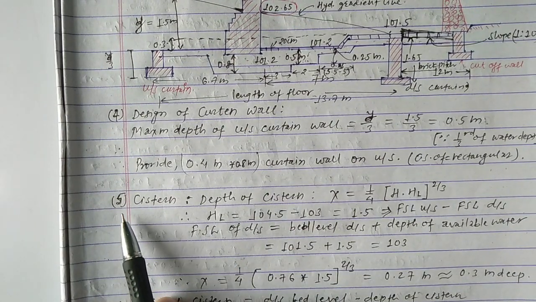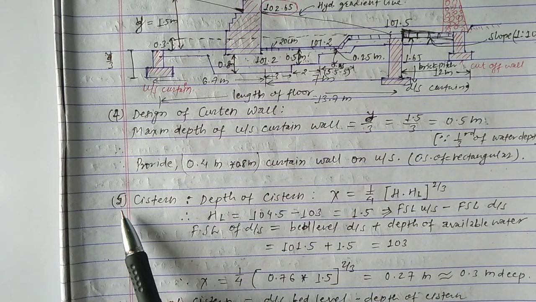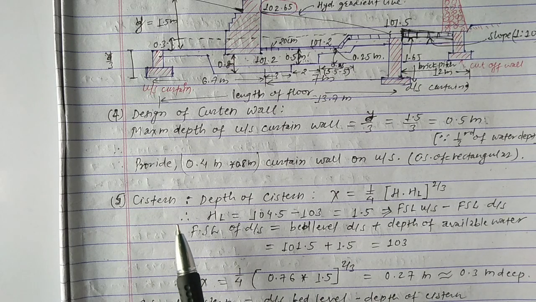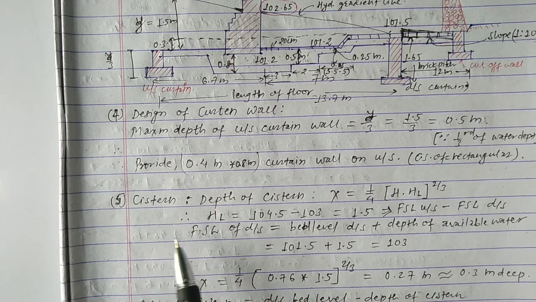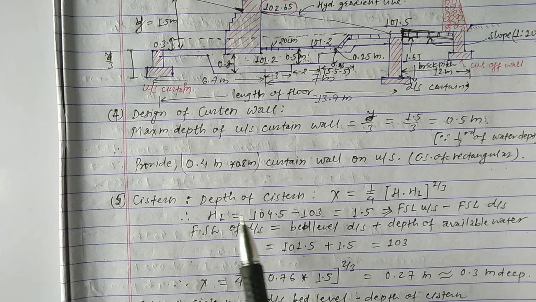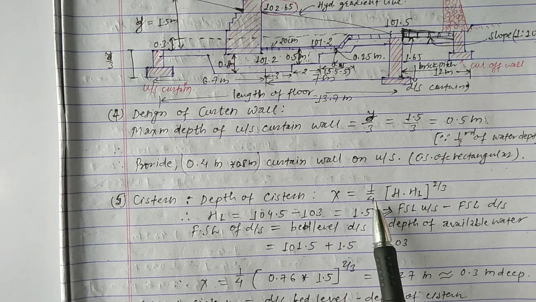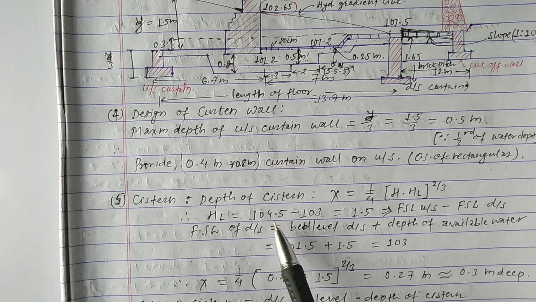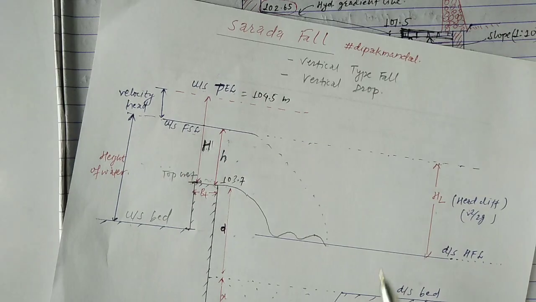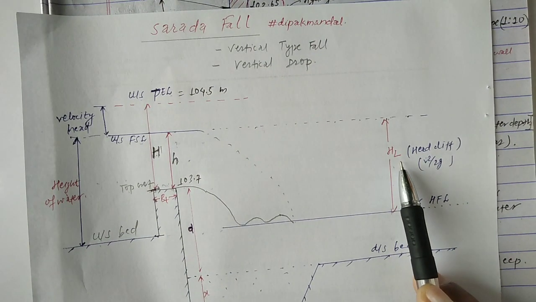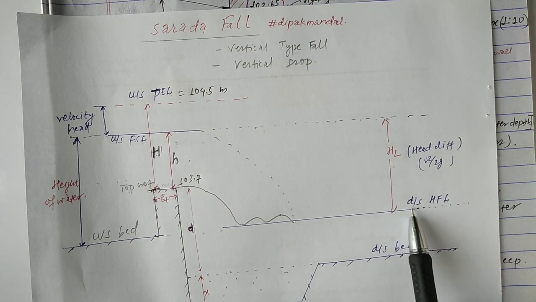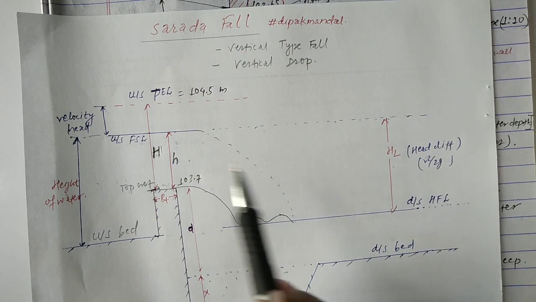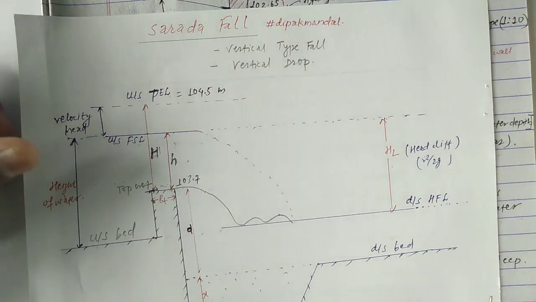Now in design step 5, we have to design for the cistern. The length of cistern and depth of cistern can be calculated as 1/h into HL to the power 2/3. HL we can calculate, you can see here, for determining the value of HL we have to subtract downstream of HFL from the upstream of FSL.